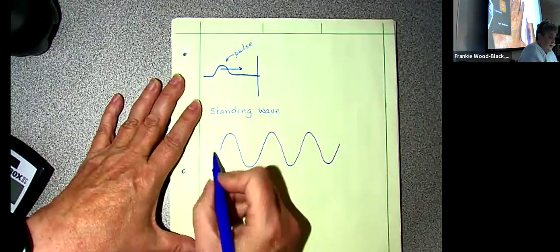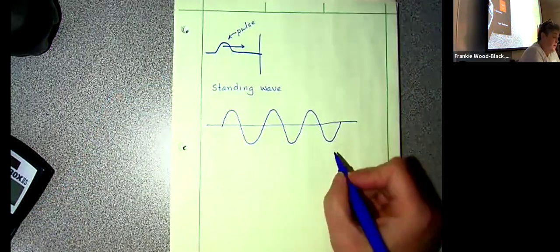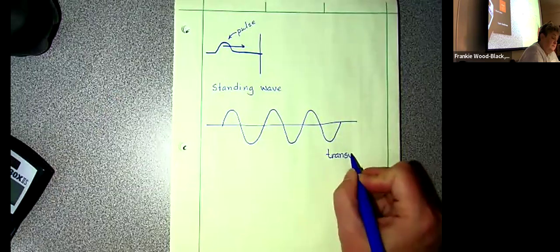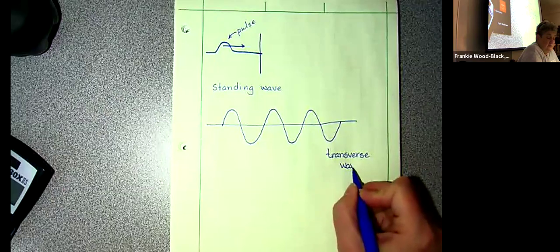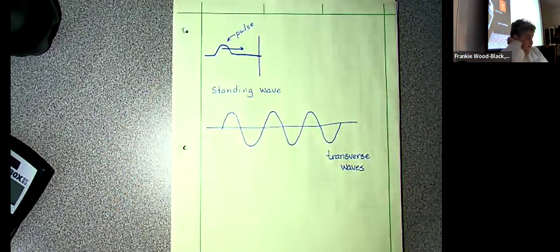So I have a wave that I can draw that looks like that. Now, waves that look like this are called transverse waves, because they're going to be traveling up and down.